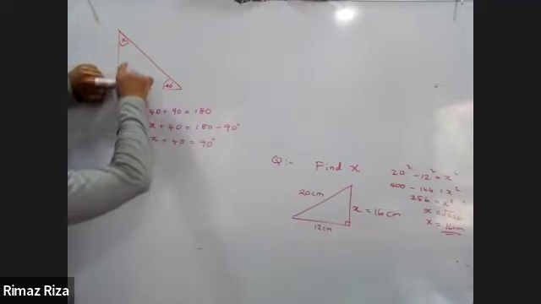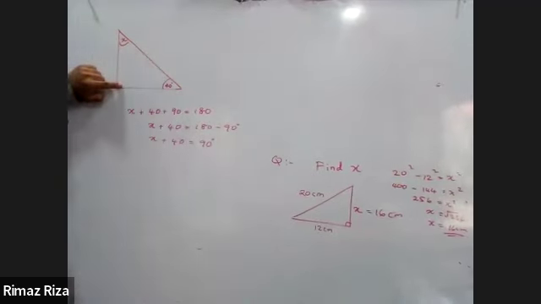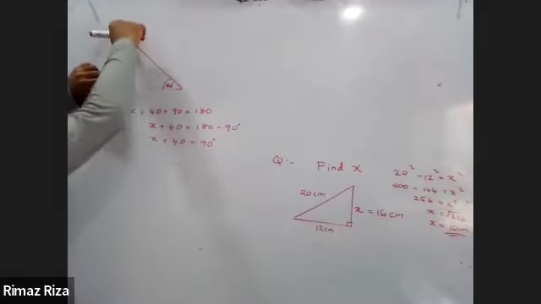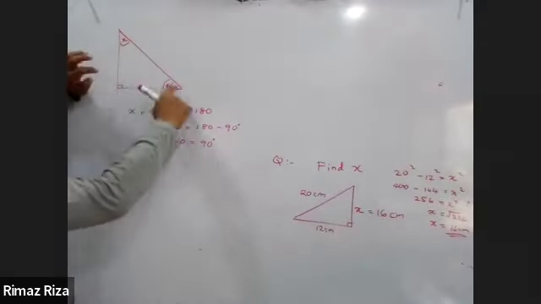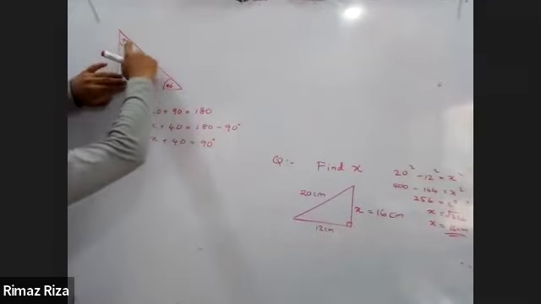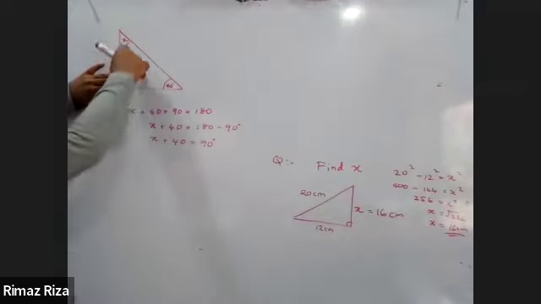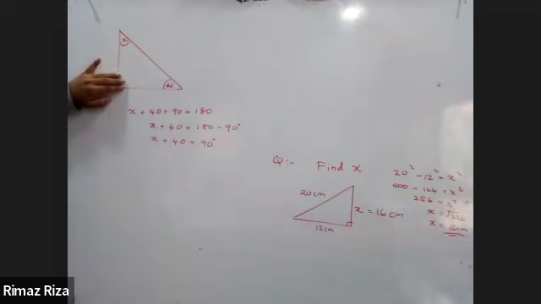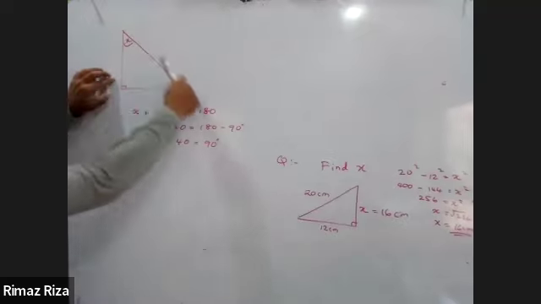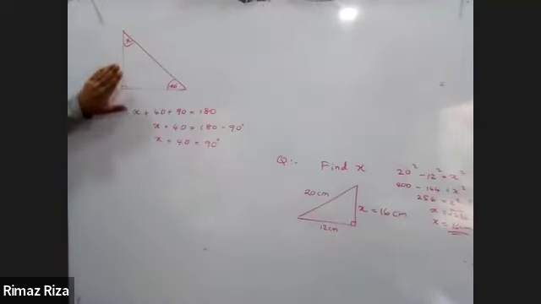The 90 is already there, so what should the sum of these two be? It has to be 90. Now this is a triangle. Total internal angle should be 180. The sum of x plus 40 should equal 90. Listen carefully. Now total internal angle is 180.